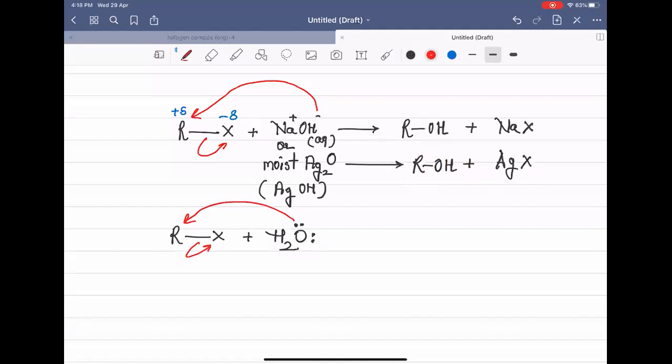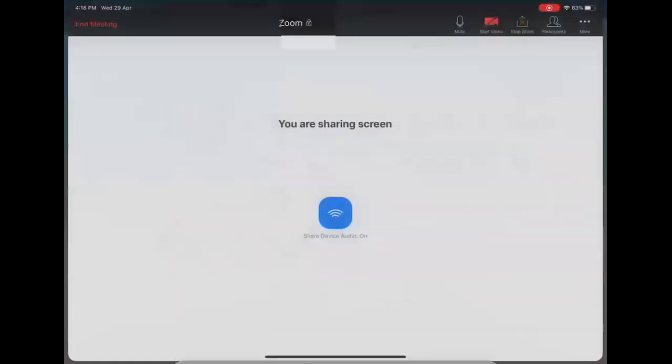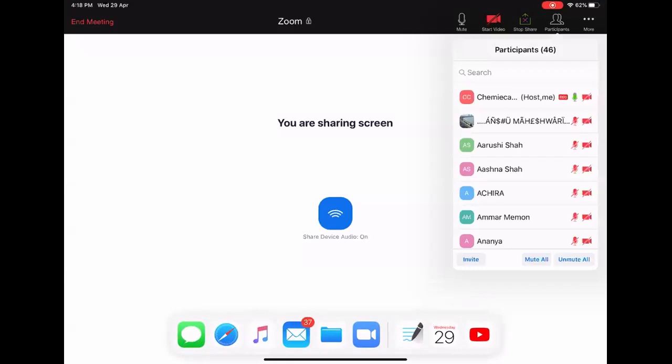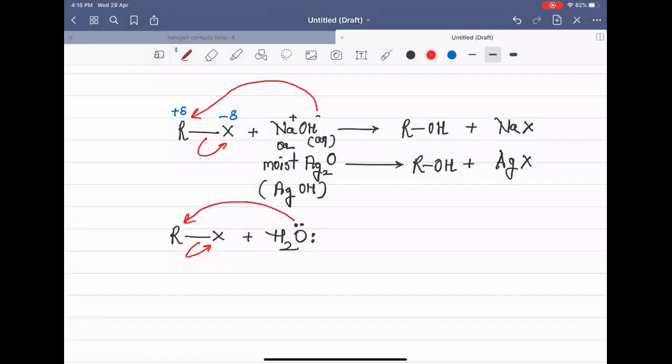So I think we have this, and we have ROH2 plus with only one lone pair, plus X minus.